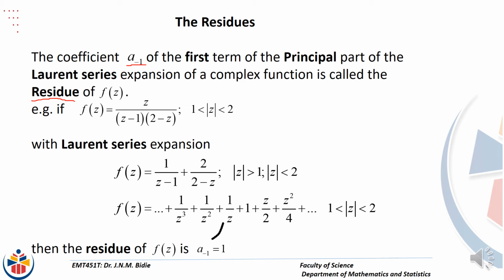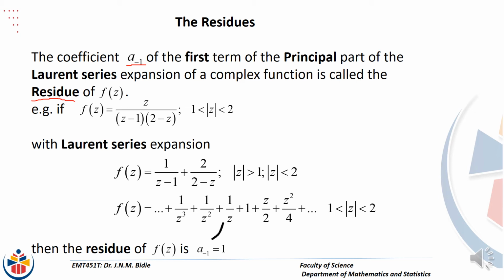So I've given you an example here where f of z is equal to z over z minus 1 into 2 minus z, where modulus of z is between 1 and 2. Note that these are two circles, one with radius 1 and the other with radius 2.